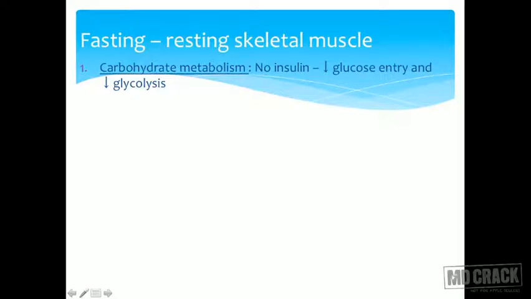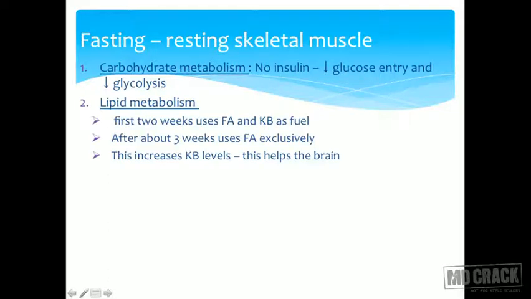Carbohydrate metabolism, no insulin. Lipid metabolism: in the first 2 weeks they use fatty acids and ketone bodies as fuel. After about 3 weeks, it starts using fatty acids exclusively. So after about 3 weeks of fasting, 3 weeks of starvation, it says, I don't want ketone bodies. Let the brain use the ketone bodies.